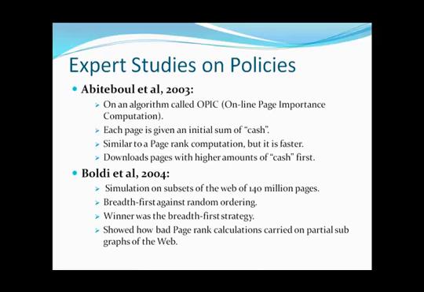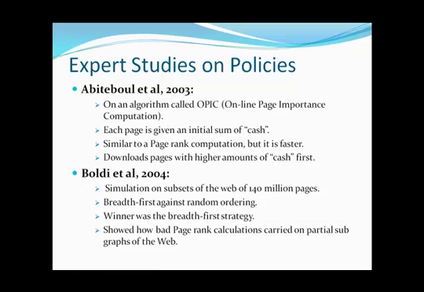In 2003, Abiteboul designed a crawling strategy based on an algorithm called OPIC, meaning Online Page Importance Computation. In OPIC, each page is given an initial sum of cash, which is distributed equally among the pages it points to.